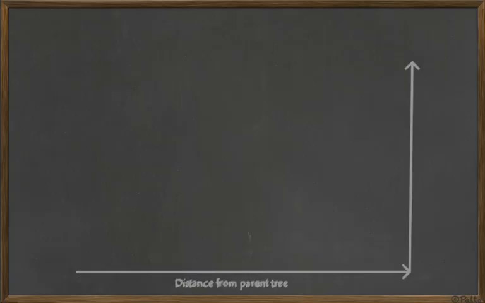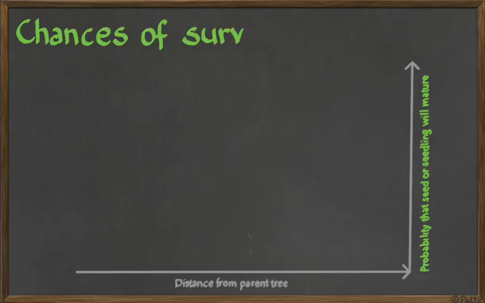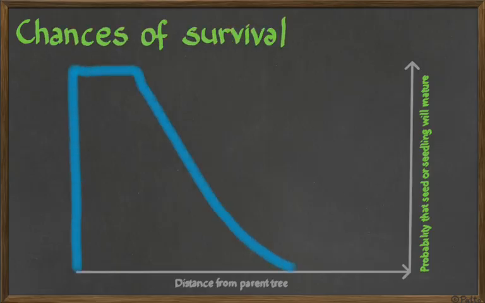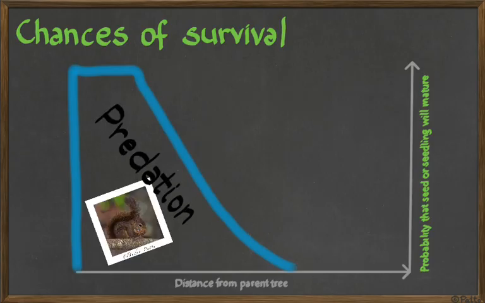So, if we look at this graph here, the same one, distance from parent tree, but now plotting the probability that the seeds or the seedling are going to survive. The chances of survival increase away from the mother plant. Why? Because there are predation and competition close to the mother plant.